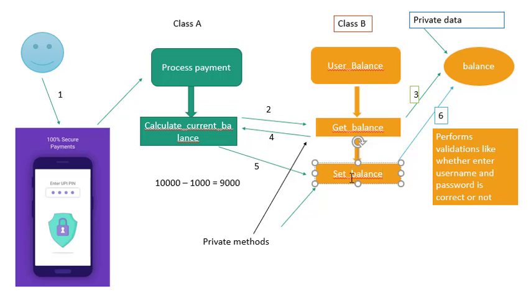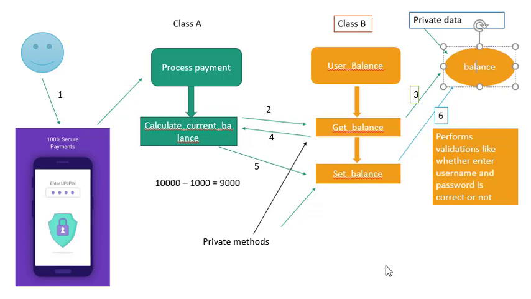Then the set balance method updates the balance, and this updates the DB. From here it updates the private attribute, so this data cannot be accessed outside. From here it gets updated to the DB.